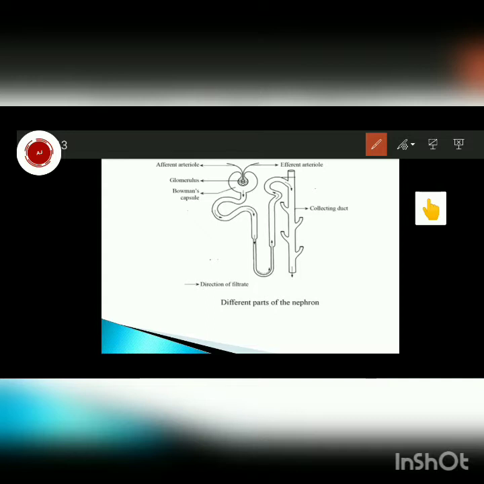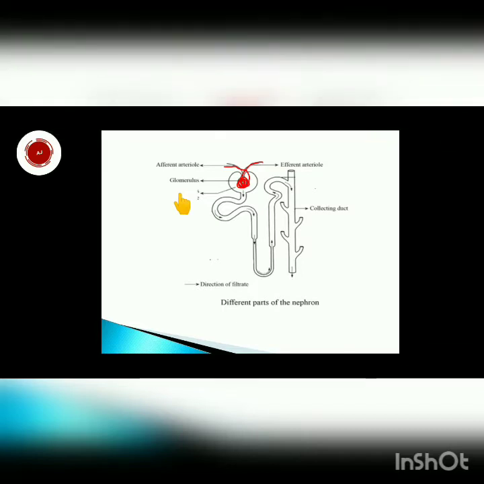When it enters here, it forms a ball-like structure of capillaries, and then it comes out like this. When it comes out, it is known as the efferent arteriole. This ball-like structure of capillaries is known as the glomerulus.